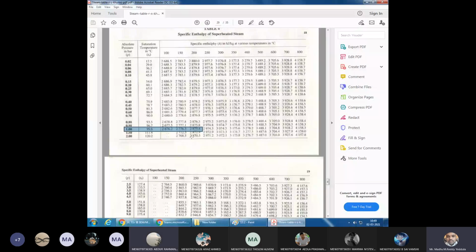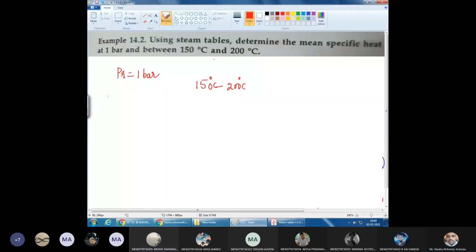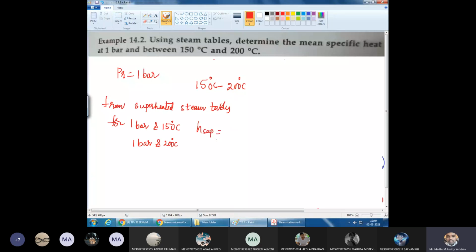Let me write those values. Right. So what you need to write in the exam: from superheated steam tables, corresponding to the pressure of 1 bar and 150 degrees centigrade, and second one for 1 bar pressure remaining constant and 200 degrees centigrade. So enthalpy of superheated steam, h_sup.